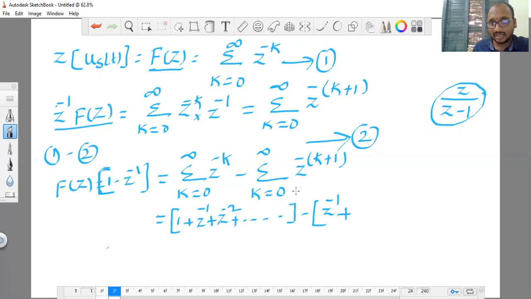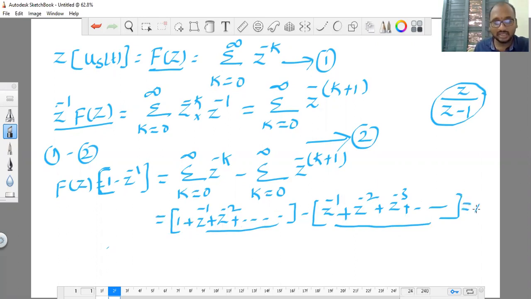If you put 1 in k place, it becomes z power minus 2, plus z power minus 3 and so on. So these terms will get cancelled. Z power minus 1 and z power minus 2 will get cancelled. Finally, we get 1 here.